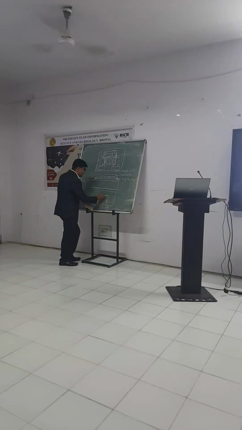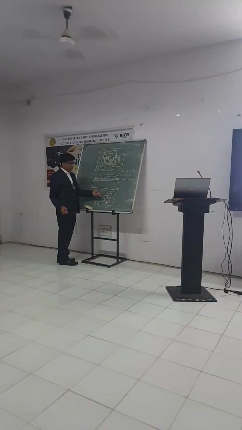So this is my IDT electrode. Clear? And over this IDT electrode, I have the sensing layer. So this is your IDT, and over this IDT you deposit your sensing layer.